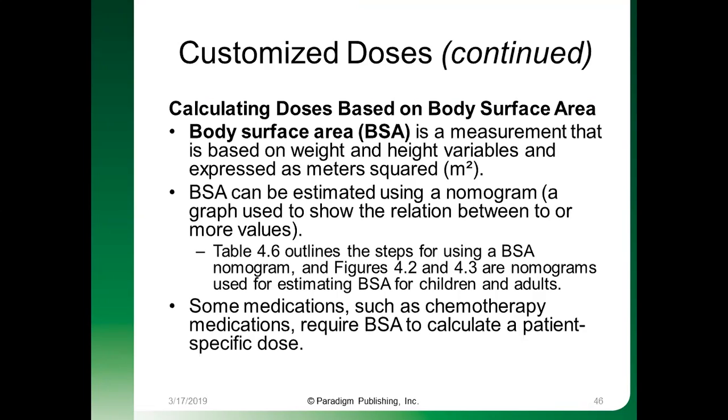If their BSA changes, then the medication dosage has to change. So this is something that will always be calculated per day or per week, depending on how often the patient comes in. Sometimes the patient comes in twice a week, sometimes once a week, sometimes biweekly, depending on how aggressive they want to be with the chemo. Okay?